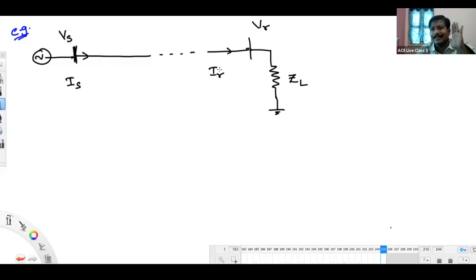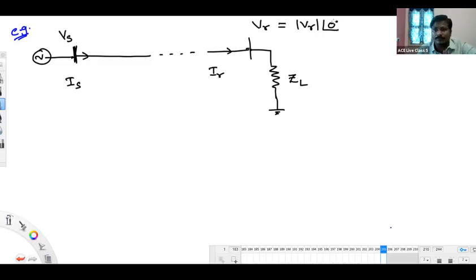All of you listen here. Stop writing. We have four phasors here: sending end voltage and current, receiving end voltage and current. I am choosing the receiving end voltage as the reference, mod VR at an angle 0.